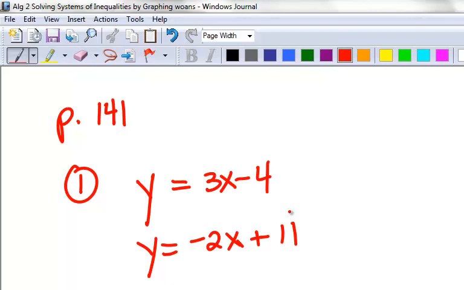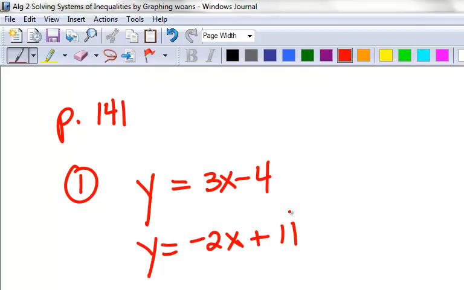Notice one is off. It actually crosses outside the window. Oh, lost my page. If you wanted to see where it crosses, because it crosses at plus 11, you'd have to change a value on the window. What does your zoom standard window go to? Because it should cross at 11, right?